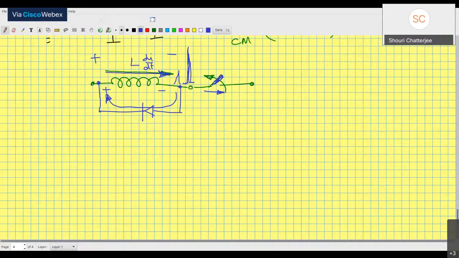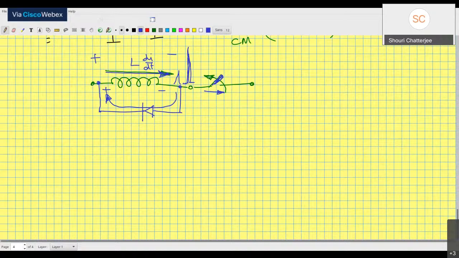Okay, what other questions do I have? Indu Kumari is asking me to please explain curve centering in band gap reference. I think that's outside the scope of this course.